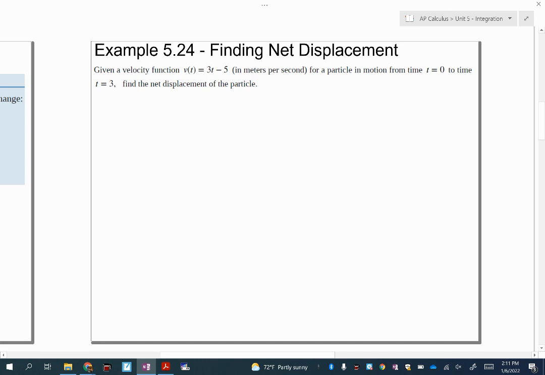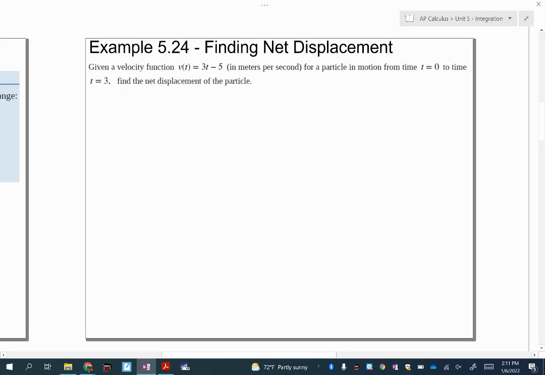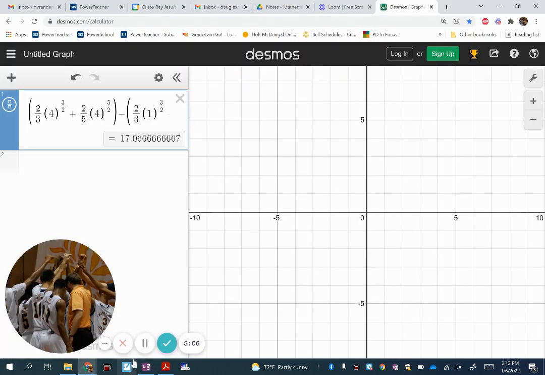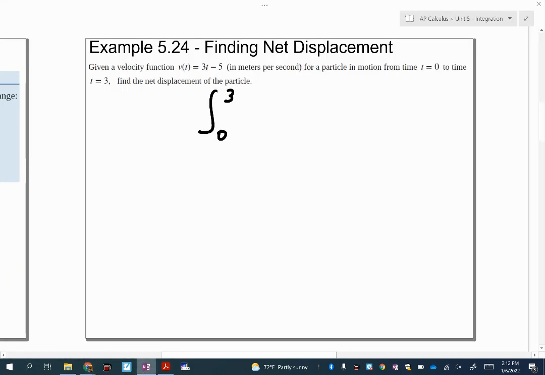Okay, so let's use that to find the displacement of this particle, looking at a velocity function between time 0 and time t equals 3. What I'm going to do first is find the integral between 0 and 3 of this velocity function, which is 3t minus 5, dt.